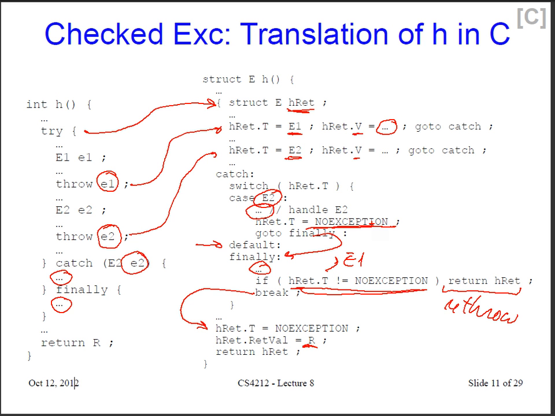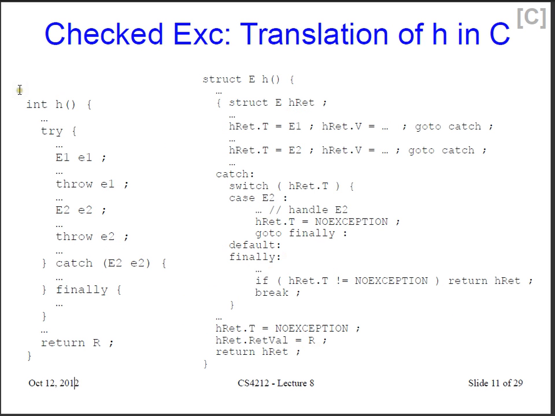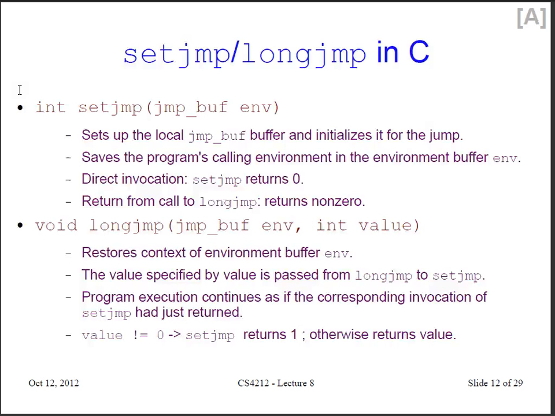It's an instrumented translation where the return value encodes whether an exception is currently being thrown. And if it's not, it will just store the regular result that the function would otherwise return. So this is all about checked exceptions.